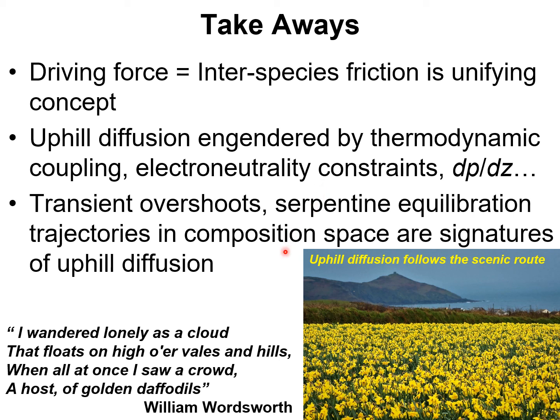The signatures of uphill diffusion are transient overshoots and serpentine equilibration trajectories in composition space. Put more simply, the uphill diffusion follows the scenic route that may open new vistas.